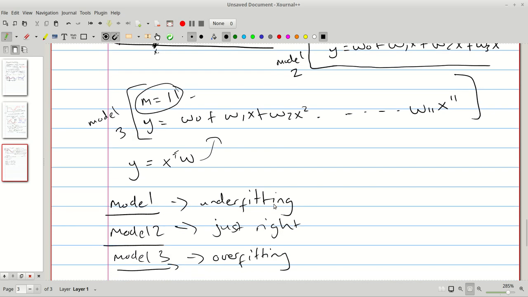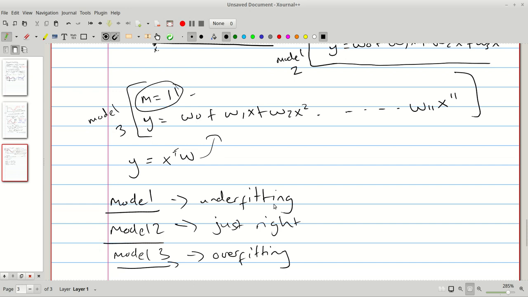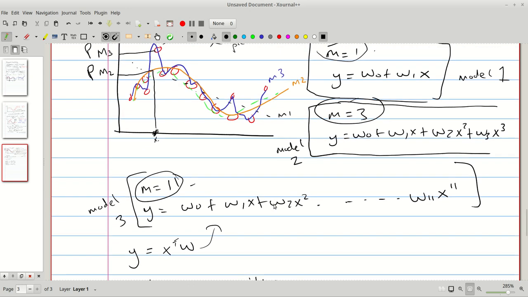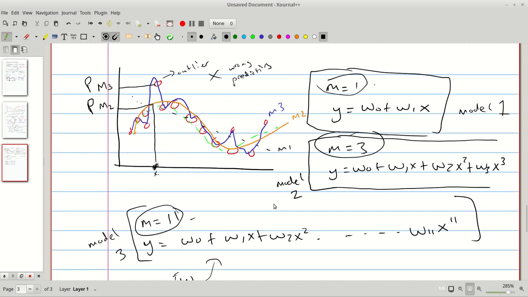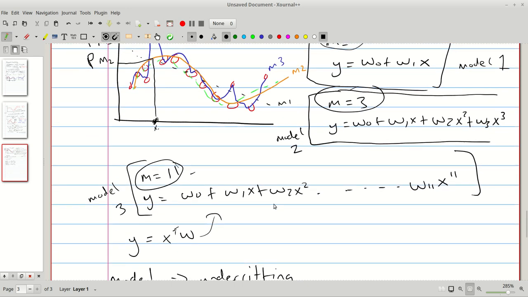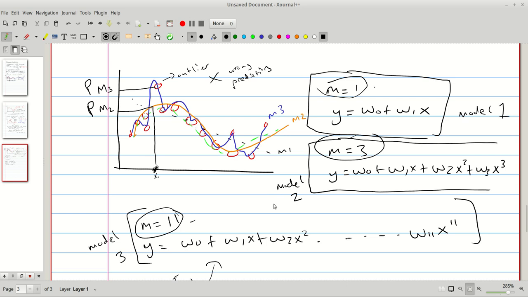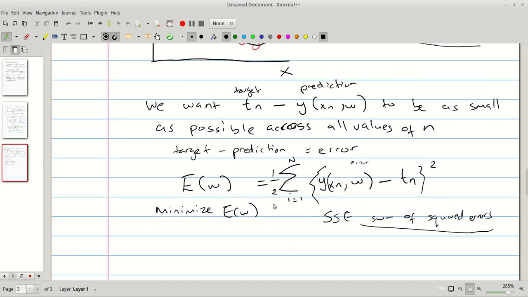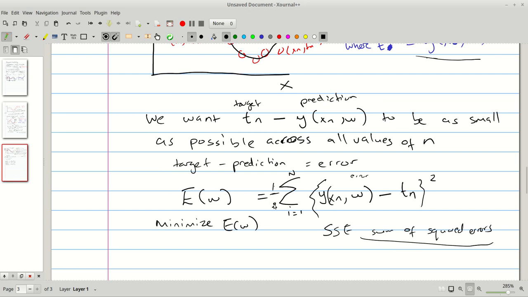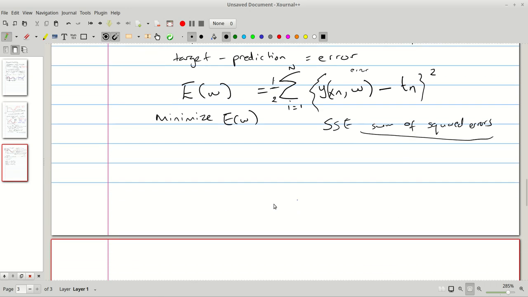So the thing is, again, you don't need to know the details of how we're computing w. You don't need to know the details of how to choose m just yet. Just know that when choosing m, these are the implications you could have, and why it's actually important. And just know that we need to minimize the difference between target and predicted to be able to compute the w.